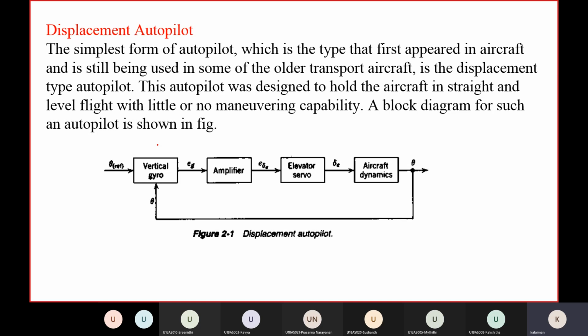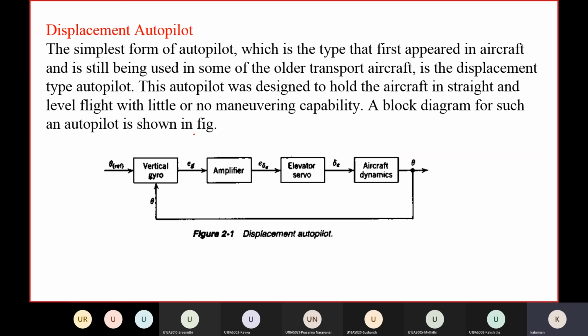Whenever any disturbance is caused, the nose of the aircraft moves. Once the pilot engages steady level flight, he initiates the displacement autopilot, and it will hold the aircraft in steady and level flight.